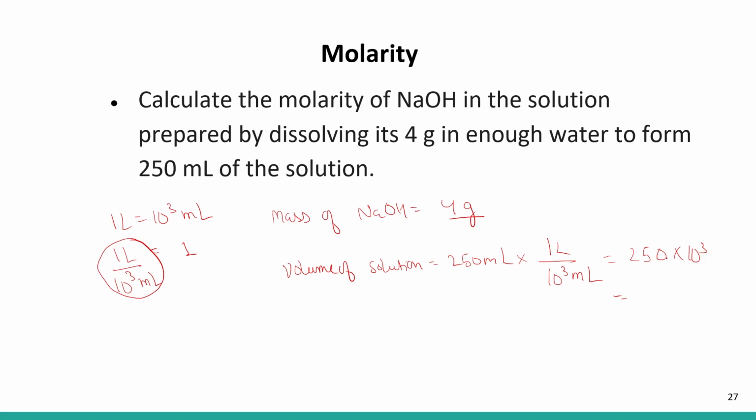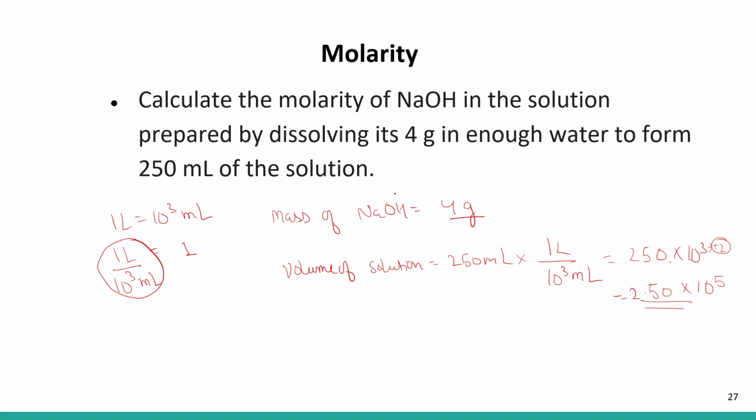So you have to move your decimal to the left side by 2 digits, and since we are moving to the left side, you increase the exponent in the positive way. So 2.50 into 10 to the power minus 1, 3 plus 2 I am adding here. We get the volume of the solution in appropriate scientific notation.